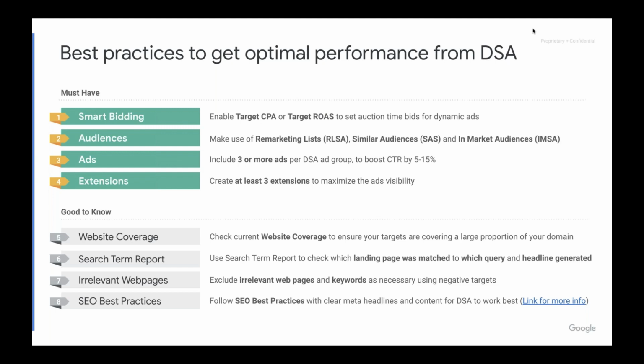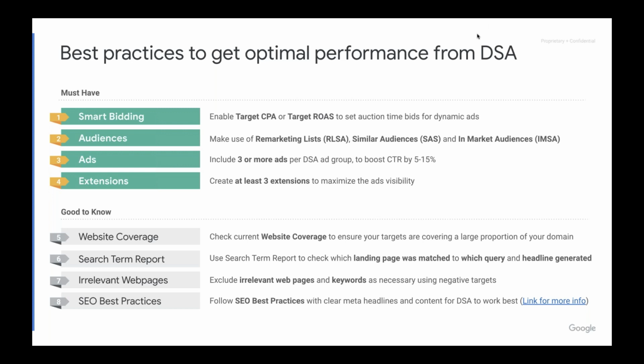So enabling the above mentioned smart bidding strategies such as target CPA, target return on investment, maximize conversions, maximize conversion value will be your first step to utilize with this format, right? So really efficient. On top of that, you can again add a lot more lists as observation, for example, or you can select to target only some from a remarketing perspective or similar audiences, wherever you choose, making sure it's part of your cohesive marketing communication plan.